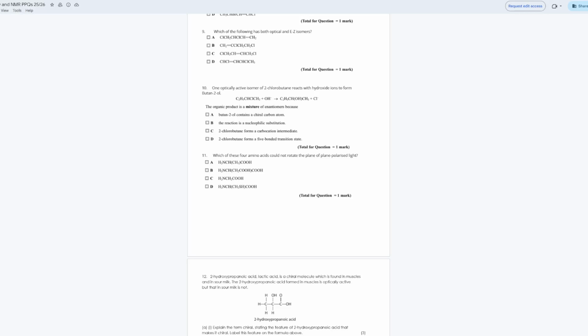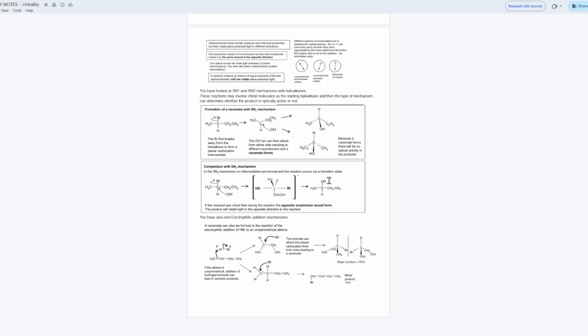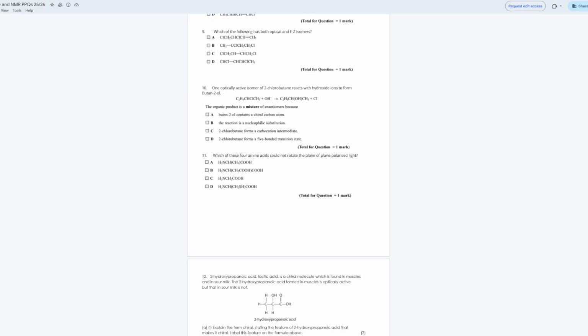So if I go back and look at this again, you see both of these produce... Oh no, wait, no they don't. I was thinking of electrophilic addition where you get a major and a minor product with the symmetrical and unsymmetrical alkene. So actually, I think it might be C again, same as the last one that was like this.